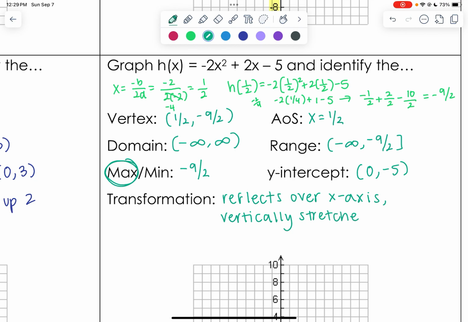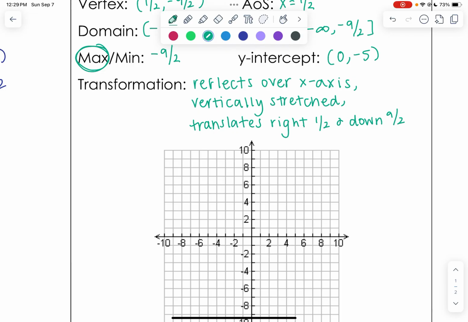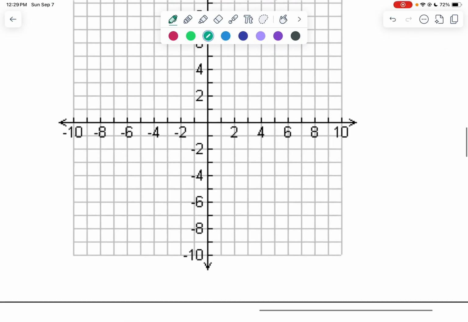So vertically stretched. And then it's going to translate right 1/2 and down 9/2. Okay, so right 1/2 and down 9/2. That would be right 0.5 and then down 4.5. So that would fall right here for your vertex.